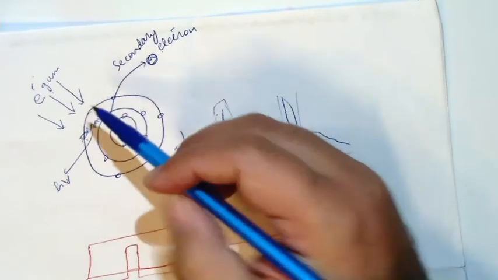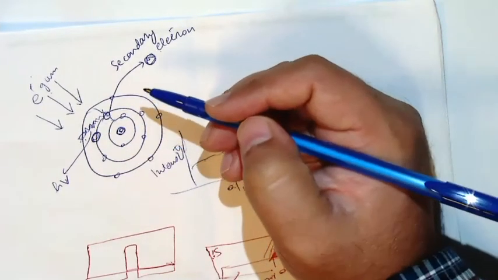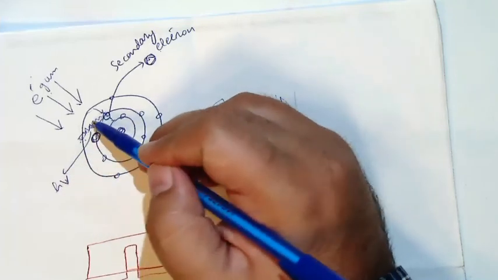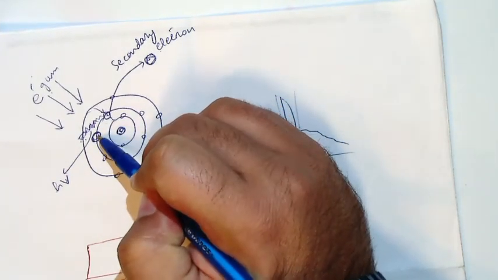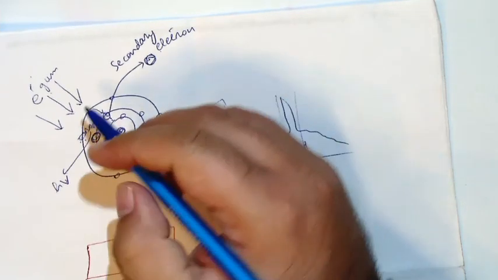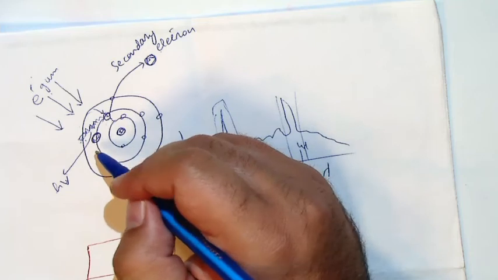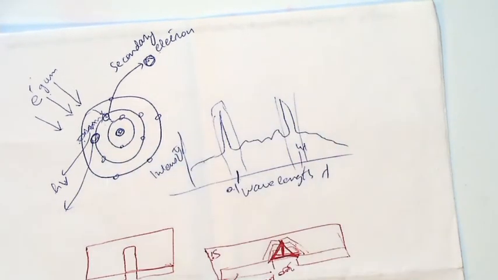Now what happens when they release this energy? It can also happen that there is an electron here which was not involved in this one, but when this X-ray energy is released, this electron absorbs that energy, and then it gets ejected because of that energy absorption. That can also happen.